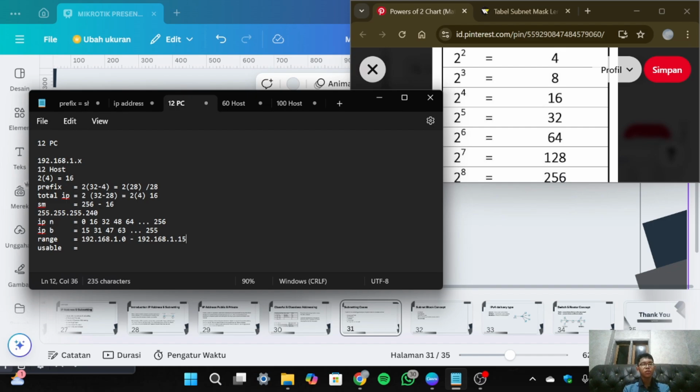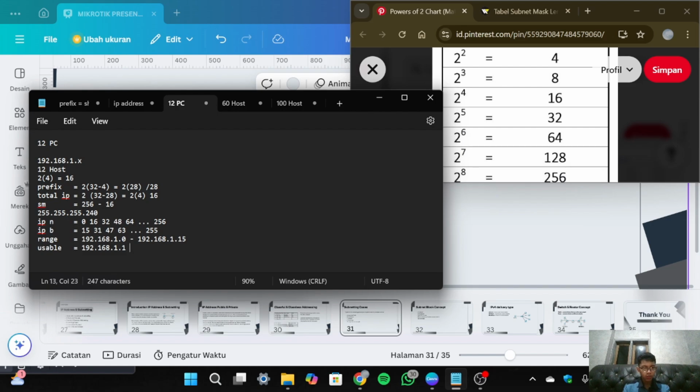And you should know you cannot use these IPs because they are unavailable, and the usable range is 192.168.1, where you must add one value to the last octet.